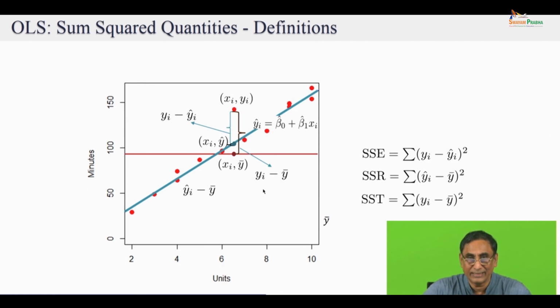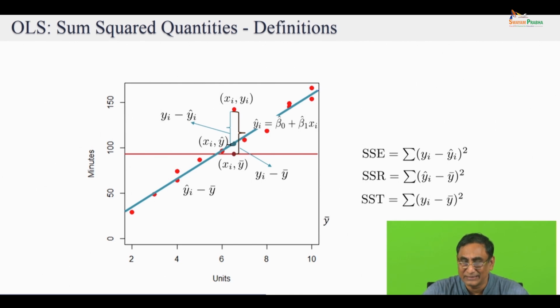Now, let us look at certain sum squared deviations. The deviation between yi and y bar, which is the red line, the best fit of the constant, this distance is yi minus y bar, and the sum of squares of all these vertical distances from the points to the red horizontal constant line is what we call the SS total or sum square total, which is the sum of yi minus y bar the whole square.